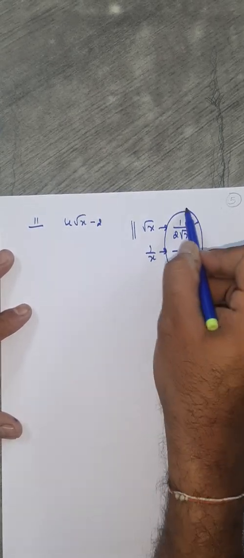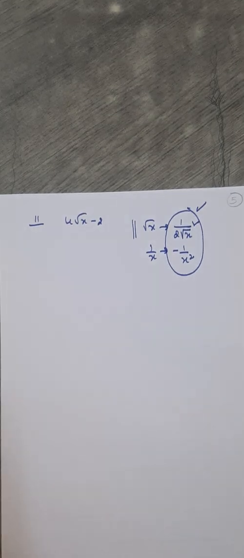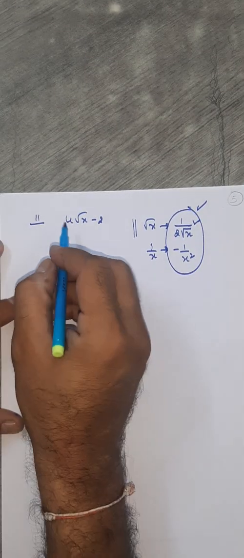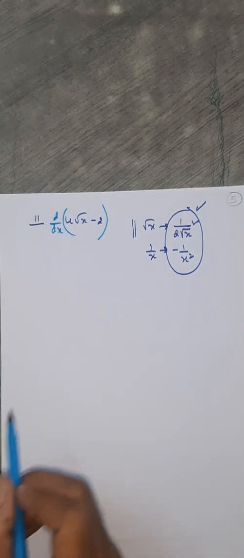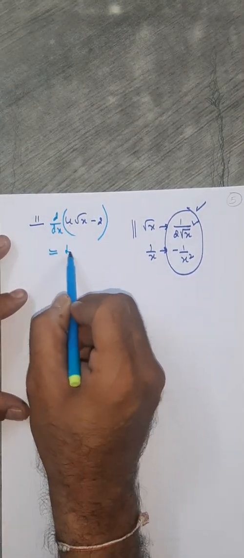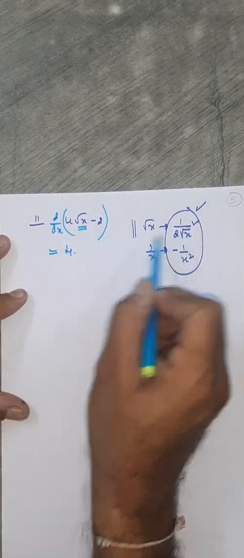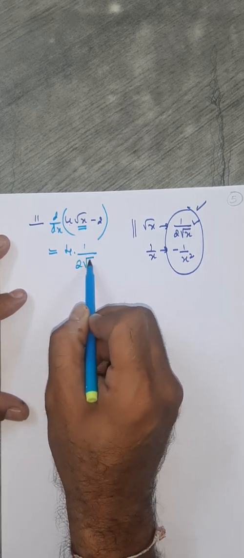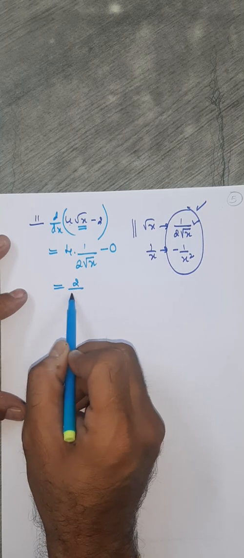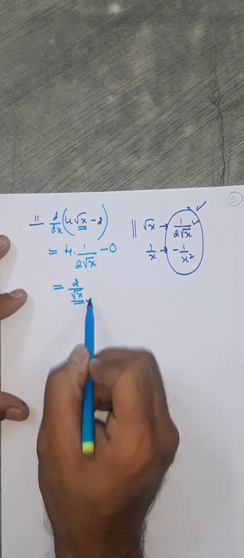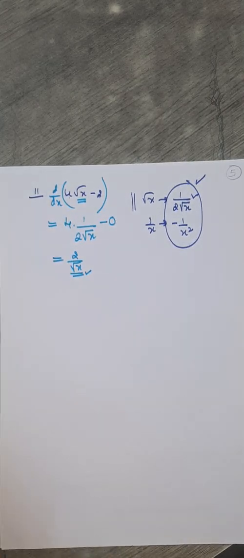These two derivatives you can write directly. So here d by dx of this: 4 being as it is, derivative of root x is 1 upon 2 root x. 2 being constant alone, derivative is 0. So this is 2 by root x. That's the required derivative here.